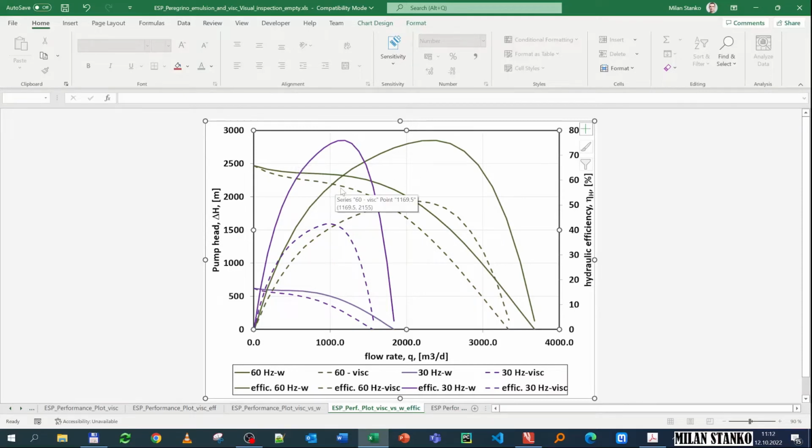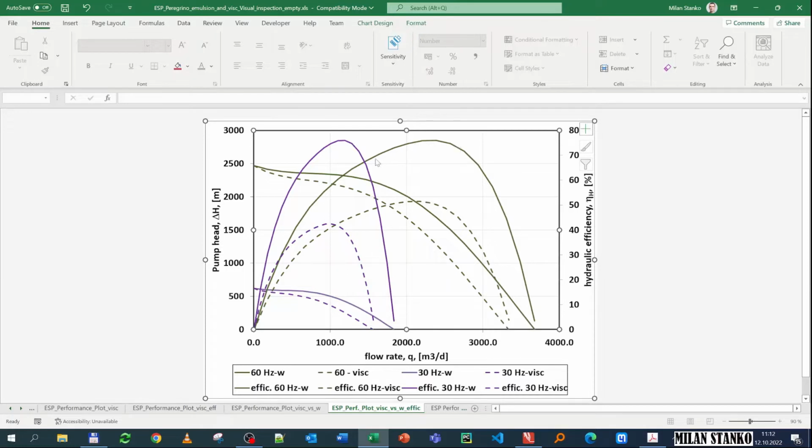Here you have again the same thing, the solid lines are the water curve. You have the head to the left, and also the head here, this violet one, with viscosity 100 centipoise, and then just with water, this solid line. And then you have the efficiency curve, which is only for 60 hertz.